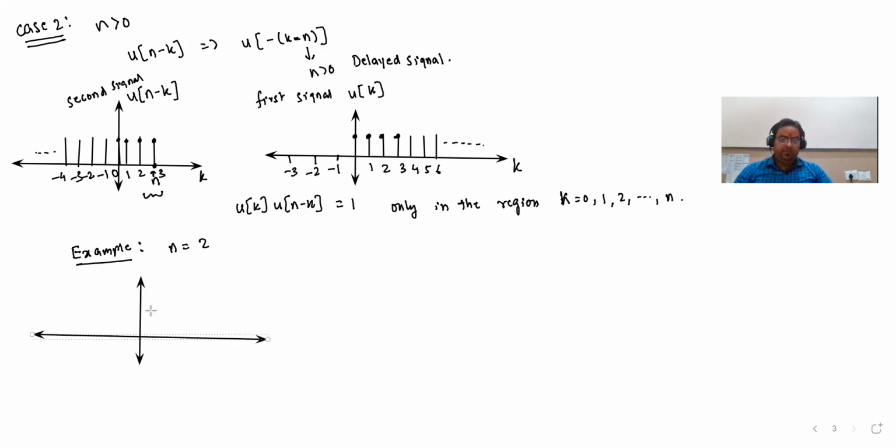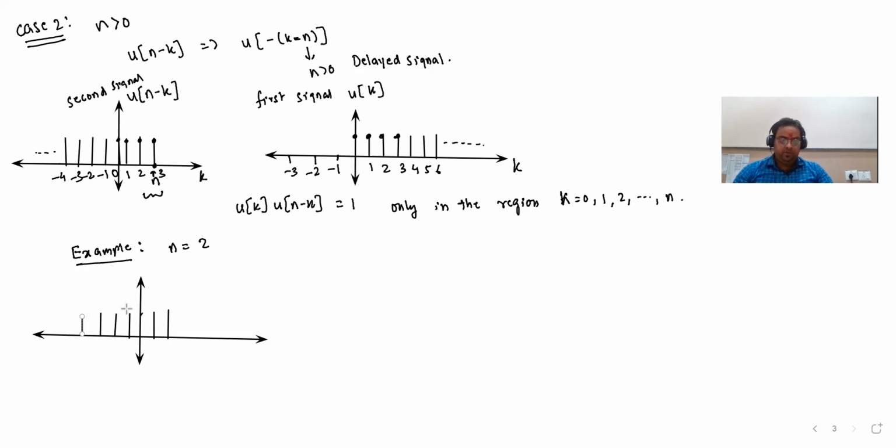I'm going to draw for n equal to 2. This is basically u of n minus k.